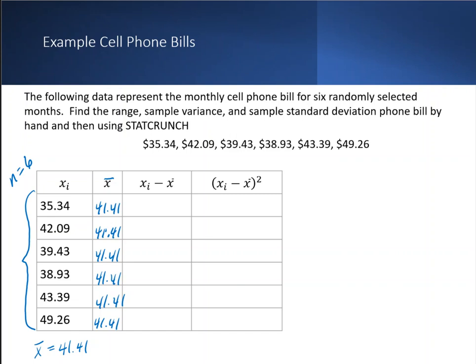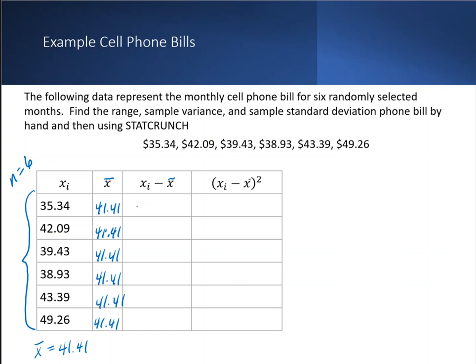The next thing I would do if I was trying to calculate variance as well as sample standard deviation is I need to remember we're going to take the distance between the mean and the data point. Now, don't forget that order matters when we're talking about subtraction. So I am going to take my data point and subtract from it the 41.41.